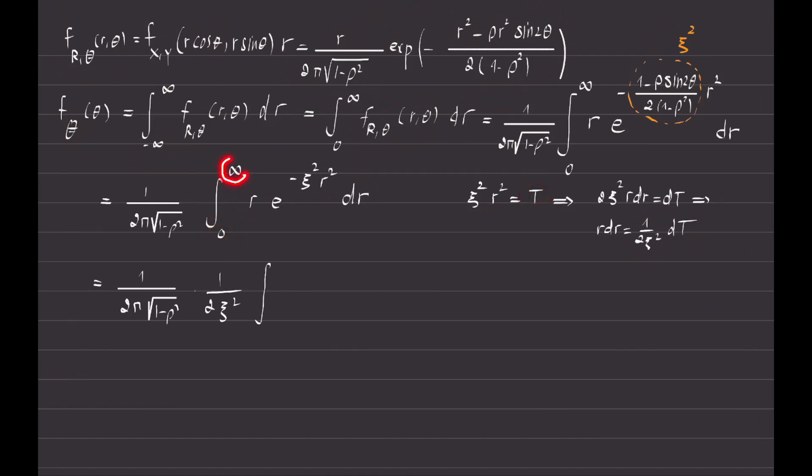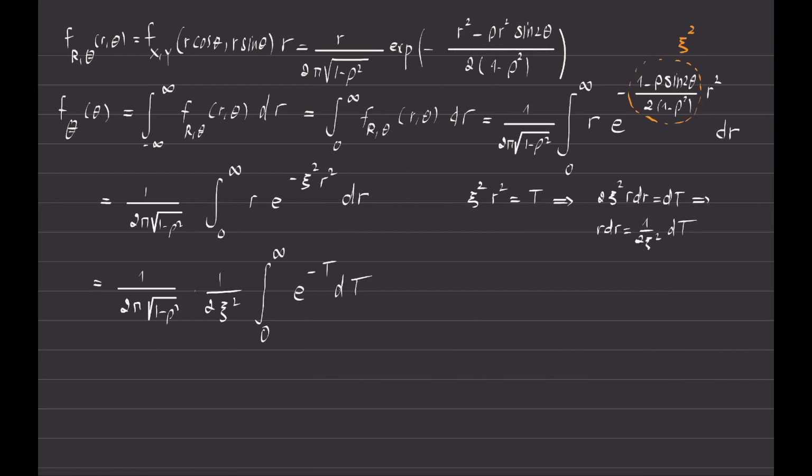And if the upper limit for r is infinity, it becomes positive infinity because this one is positive. It was important to really know that this expression is positive. That is why they have told us that the absolute value of rho is smaller than 1. So then this becomes 0 to plus infinity, and then I have e to the power of minus t dt.